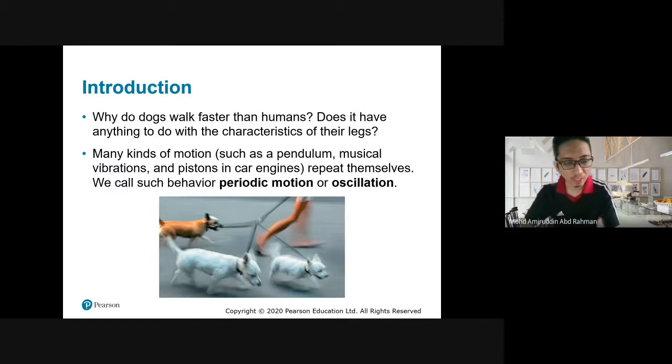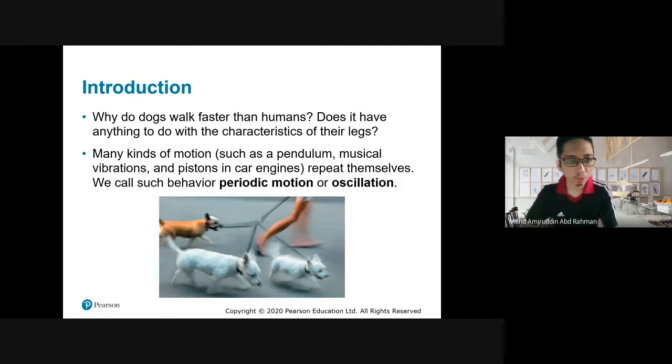You see that we are much slower, so the dog needs to be quicker. It looks quicker because it has shorter legs. Of course, when it has shorter legs, the period will be much shorter, so that's why it looks much faster than us.